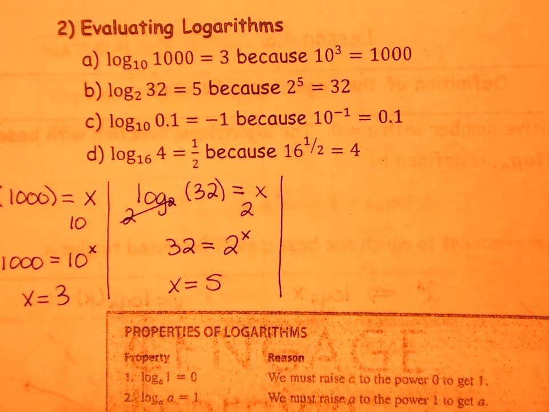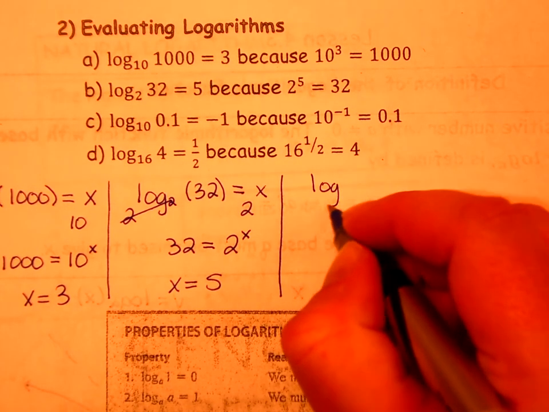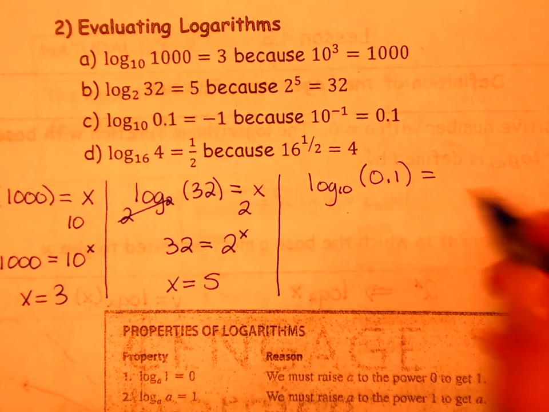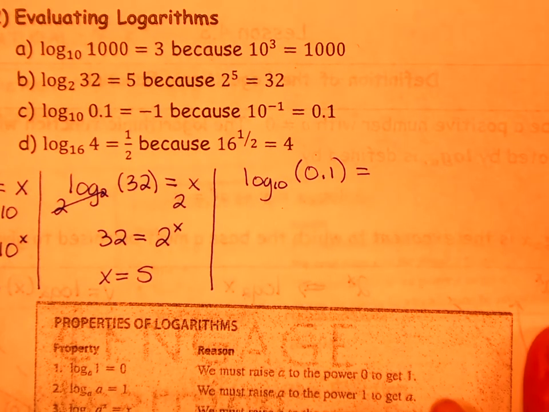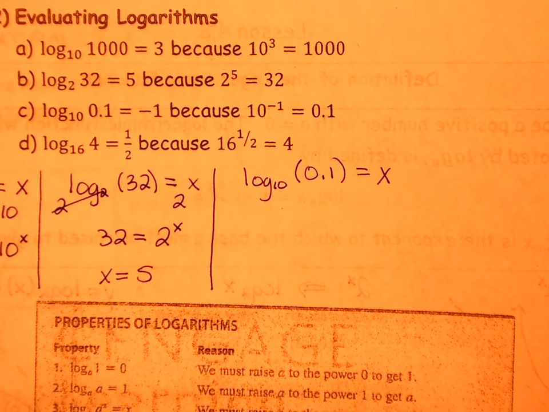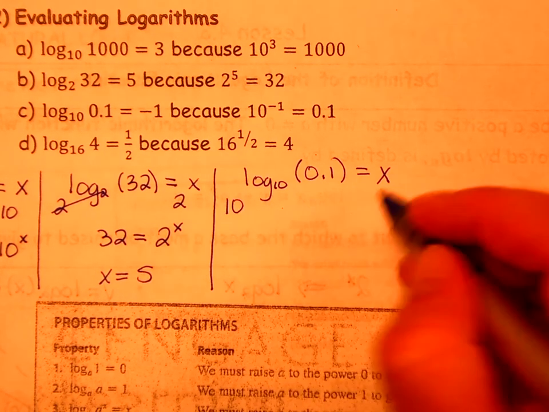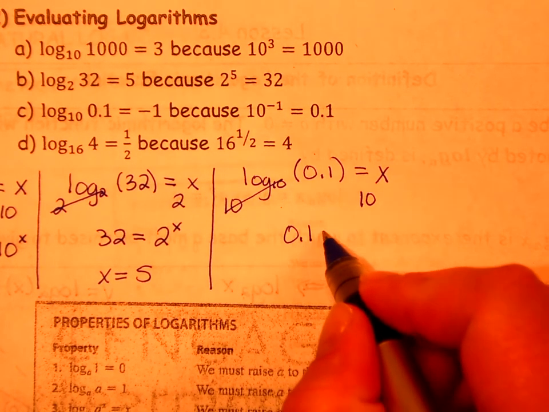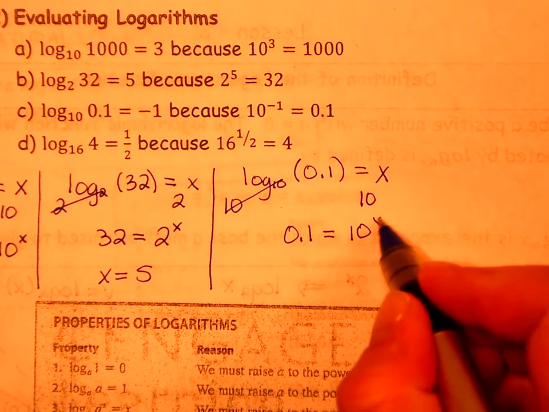Log base 10 of 0.1. If I needed to evaluate that without using the calculator, I'd make an equation out of it, and then we want to cancel the log base 10. So I'm going to raise both sides by 10 here, and I get 0.1 equals 10 to what power?